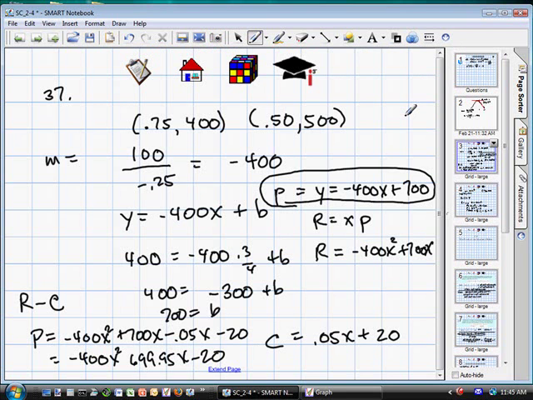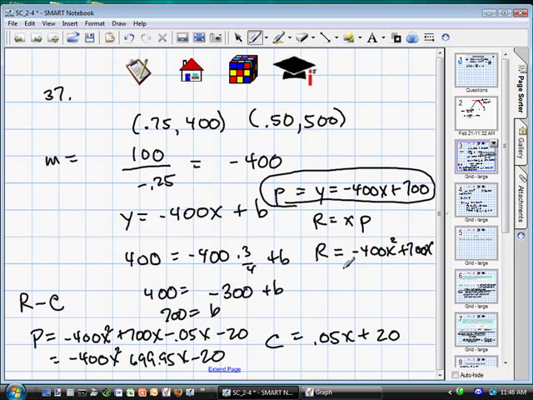Anybody double check, how's my demand function according to them? Did anybody take a look at that negative 400x plus the part A answer? That looks correct? The what? So this profit is not what they have?